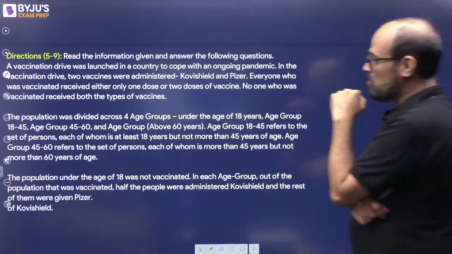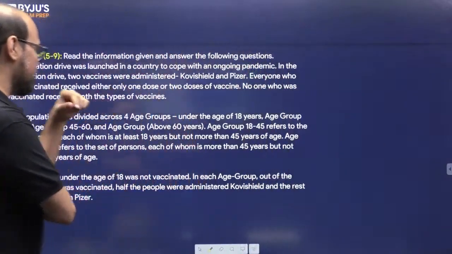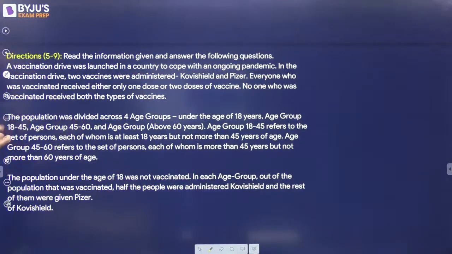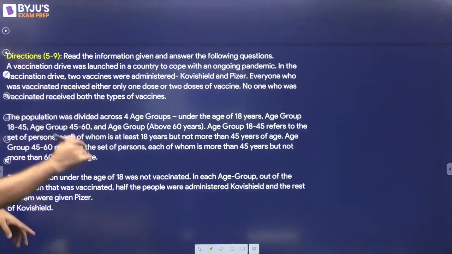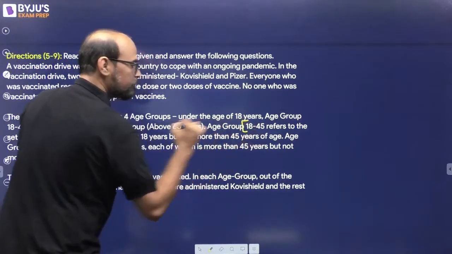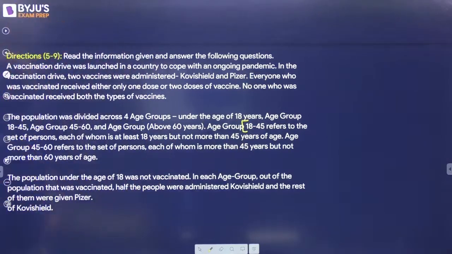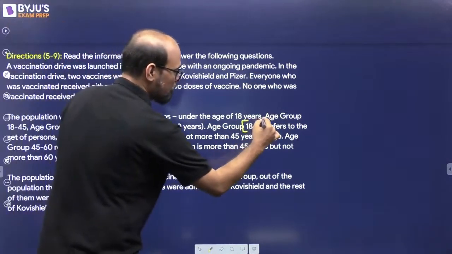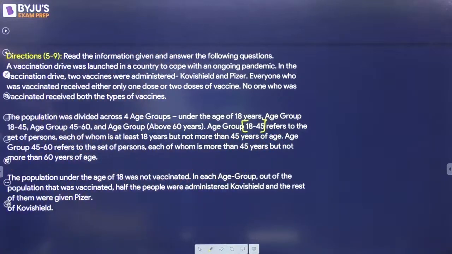If we use set notation, like the brackets we use in sets to denote the range and domain of a particular variable in an equation or inequality. So age group 18 to 45 refers to the set of those people, each of whom is at least 18. So can we say 18 inclusive? But not more than 45. We don't take more than 45, meaning we take 45 or less than 45. So I can put a square bracket, 18 and 45, they both are inclusive.